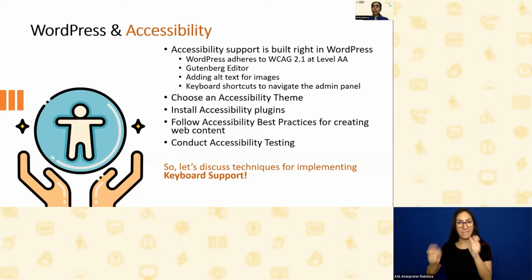From a website development perspective, there are lots of accessibility themes available, which can be utilized to create accessible websites. And there are lots of accessibility plugins available to help test for accessibility as well as code different elements which are available via these plugins.